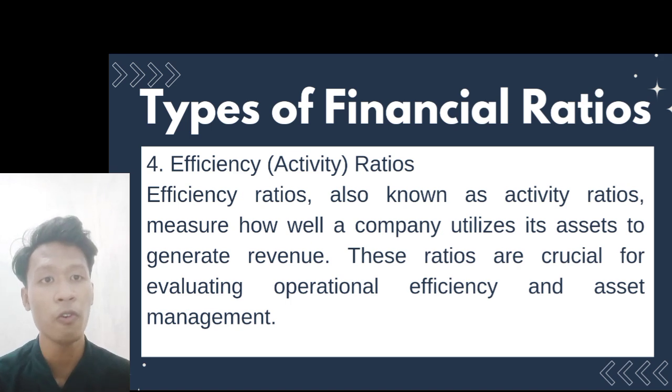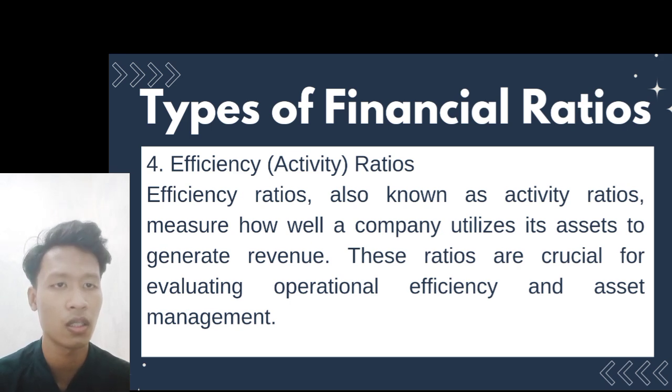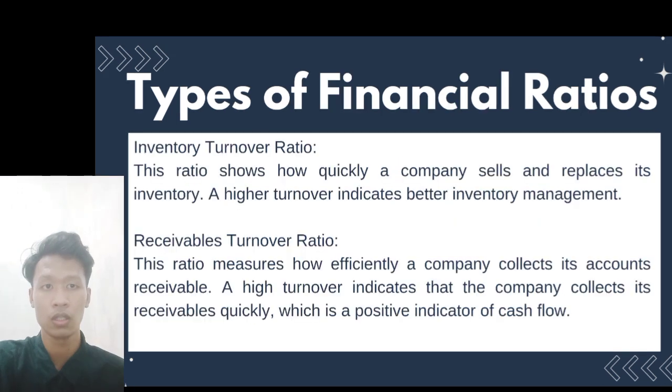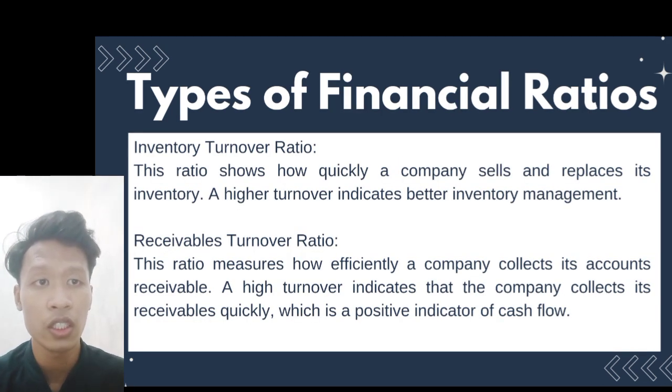Number 4 is efficiency or activity ratios. Efficiency ratios, also known as activity ratios, measure how well a company utilizes its assets to generate revenue. These ratios are crucial for evaluating operational efficiency and asset management. Inventory turnover ratio.